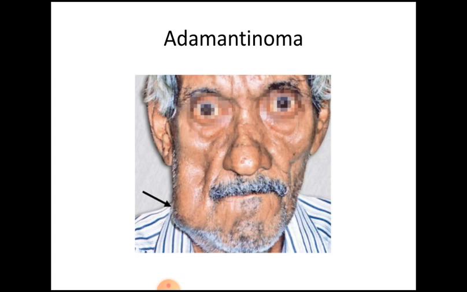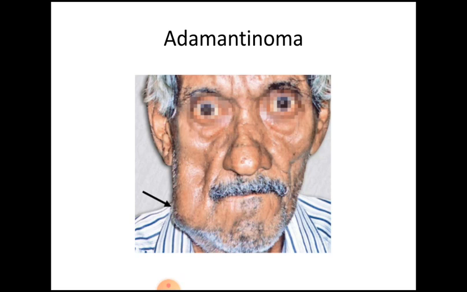Adamantinoma may cross the midline, while the osteoclastoma doesn't cross the midline. Adamantinoma, like the dentigerous cyst, grows more on the outer side, while osteoclastoma grows on the inner and outer sides of the mandible. As we said in the X-ray, adamantinoma is multilocular with equal loculation, while the osteoclastoma has unequal loculation.